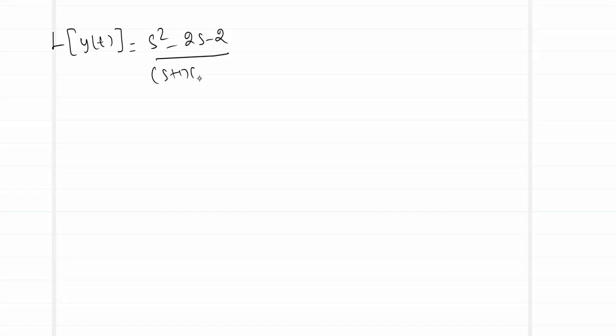So I have Laplace of y of t equal to the expression s square minus 2s minus 2 divided by s plus 1, s minus 1, s minus 2, which is A times of s plus 1 plus B times of s minus 1 plus C times of s minus 2.